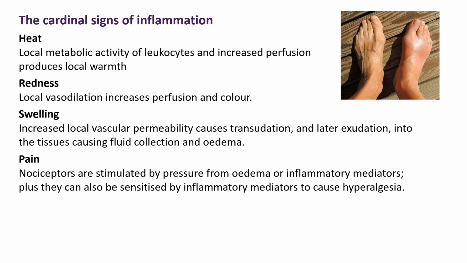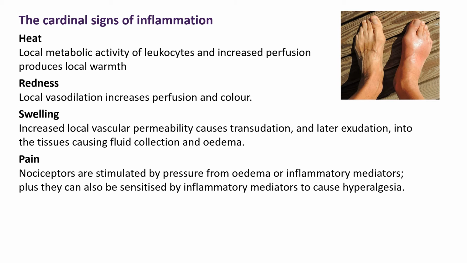In addition to this stimulation, they can also be sensitized. So some of those inflammatory mediators, and particularly the neurokinins that we talked about before, like substance P, can sensitize the receptors, the pain receptors on the nociceptors.